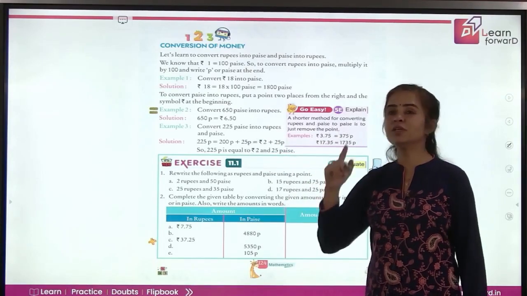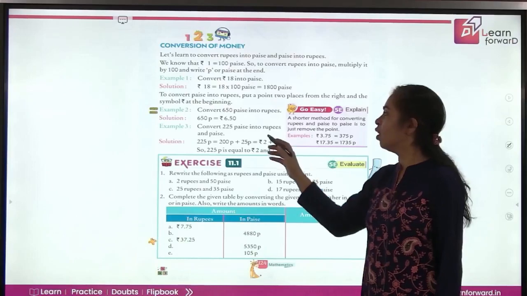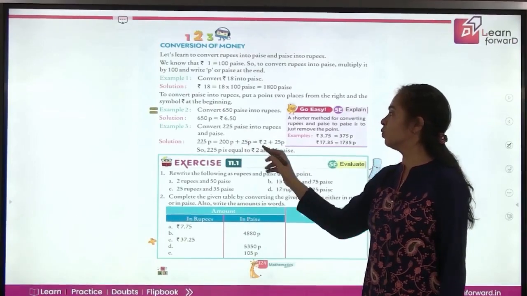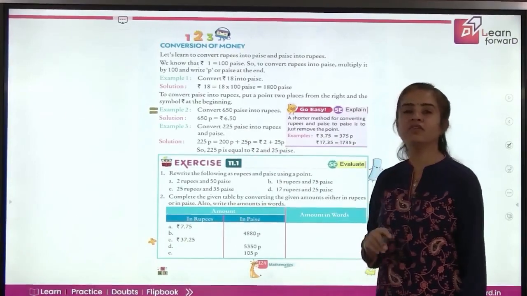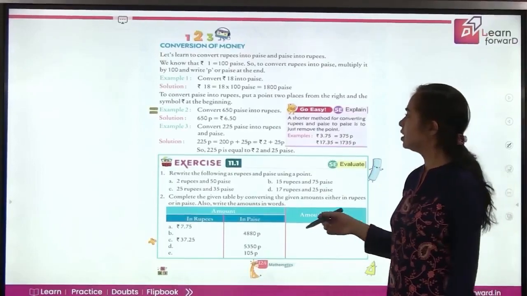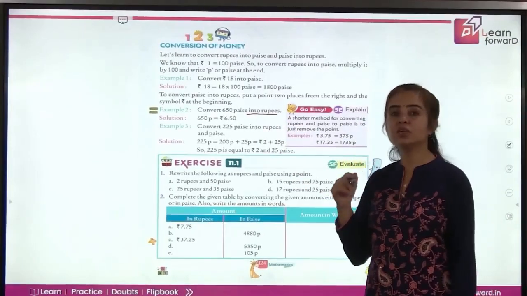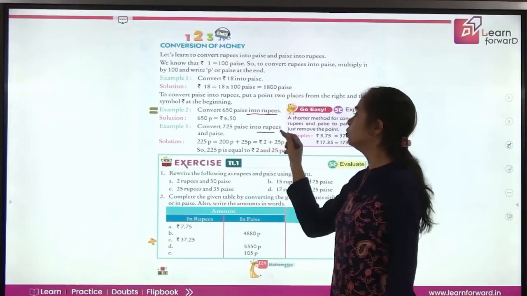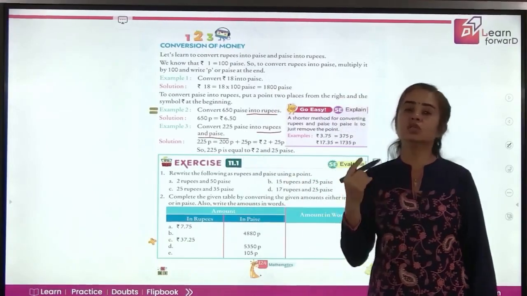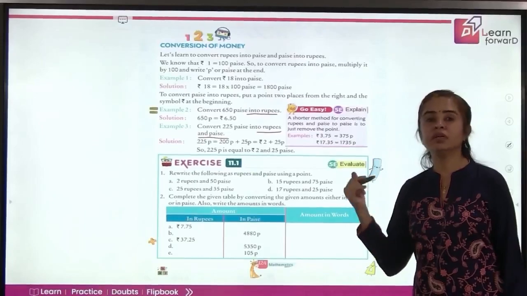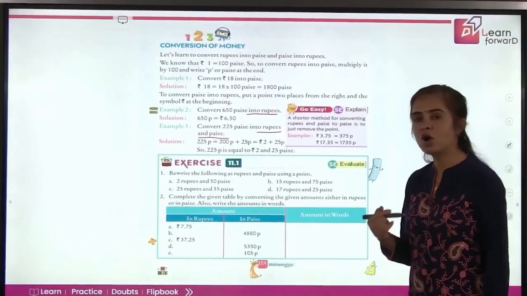Yes, it will be rupees 2.25, or you can also say it will be equal to rupees 2 and 25 paisa. That means the same. It depends how they are asking you to convert. Are they asking into rupees or into rupees and paisa? So you have to be careful about reading the question and comprehending it.